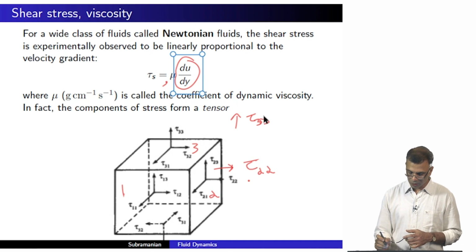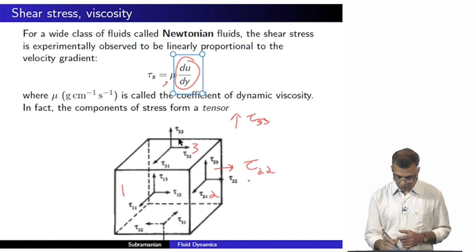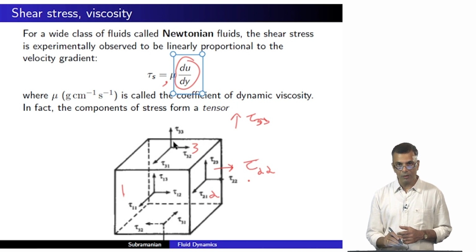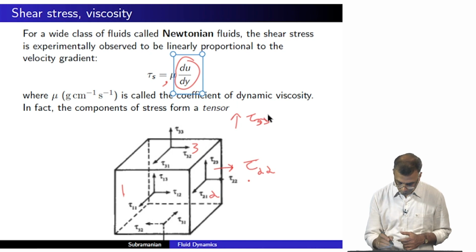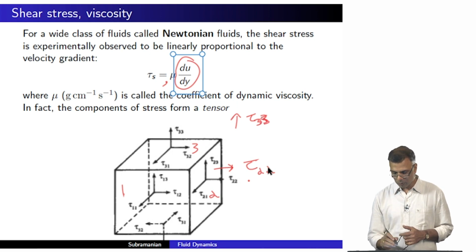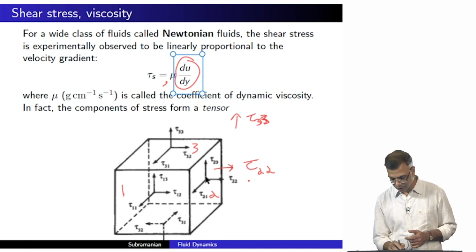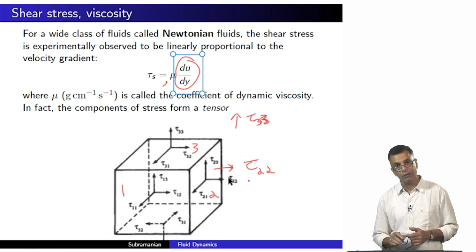What these subscripts mean are the stress on face 3, which is arising out of a force that's also directed along the direction 3. Here the 2 means the stress on face 2 which arises out of a force that's also in the direction of the outward normal characterizing face 2.